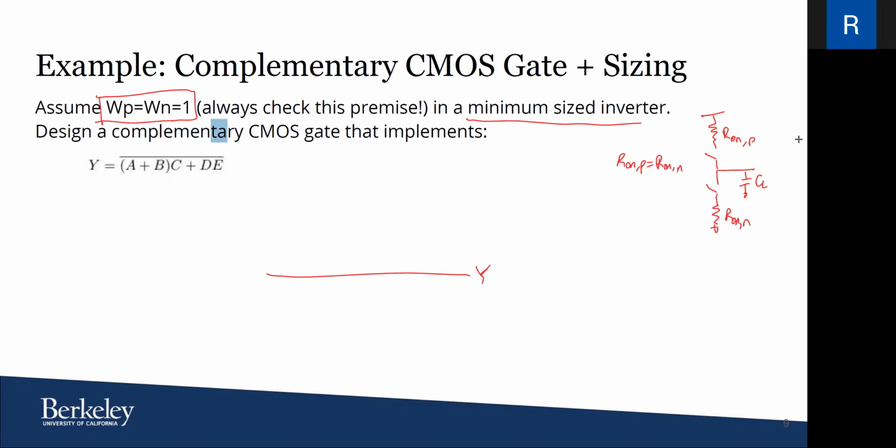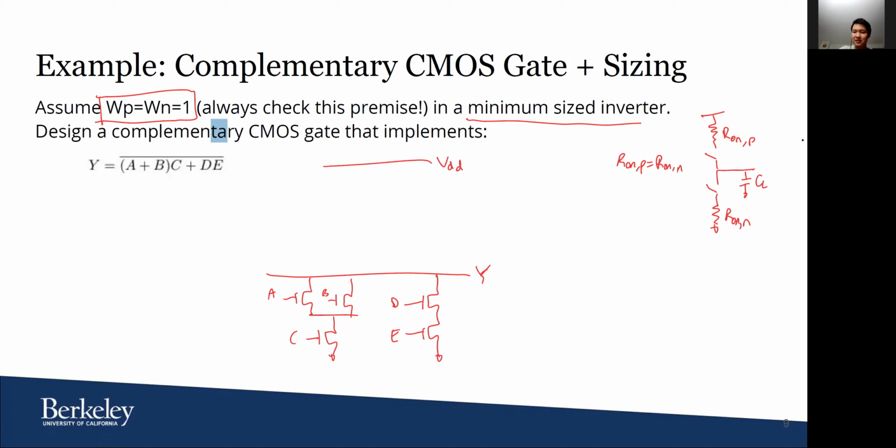Okay, great. So let's construct this logic gate. I'll just do it for you. You have A or B and C, so it's going to look like this. And then that's ORed with D and E. And then the pull-up network here would be the dual.